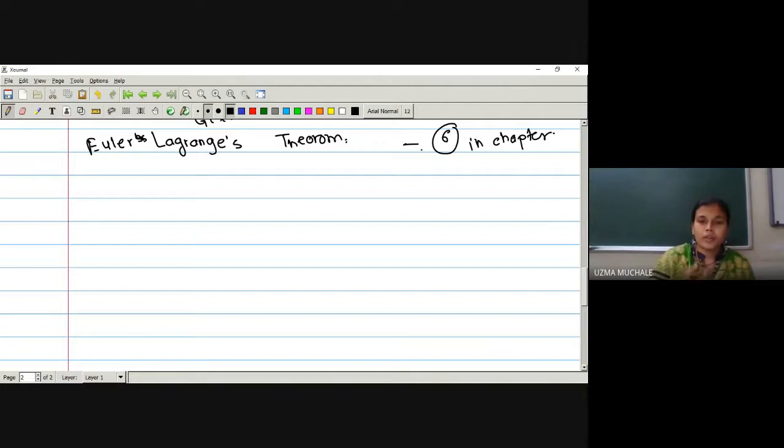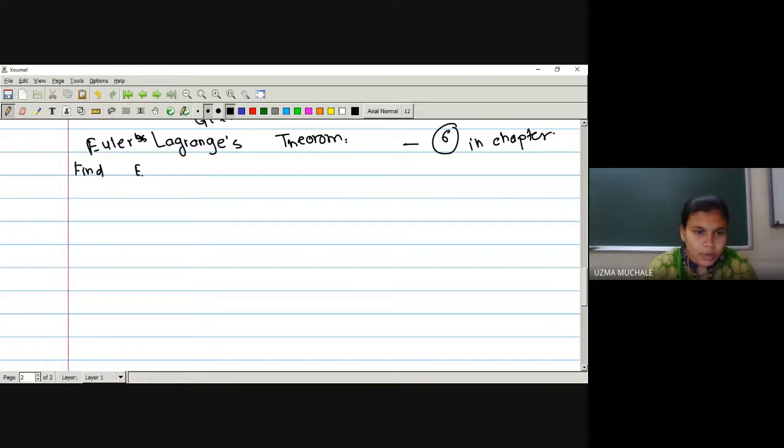Then instead of having only 2 variables x and y, we can take y1, y2, y3 up to yn, n terms, and then we can generalize the concept, right? So everyone please see carefully and tell your friends also, those who haven't attended the lecture, to see the lecture on YouTube, Euler-Lagrange's theorem. Okay, what is the statement? Find the Euler-Lagrange differential equation satisfied by y of x.